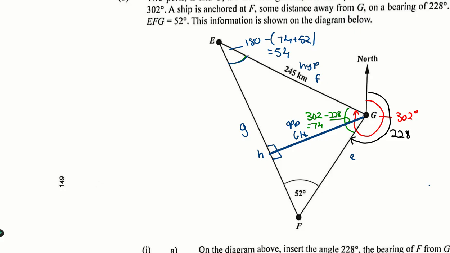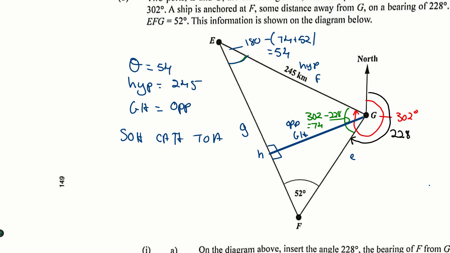So we know that theta is 54. We know the hypotenuse is 245, and we want to find GH, which is the side opposite our angle.